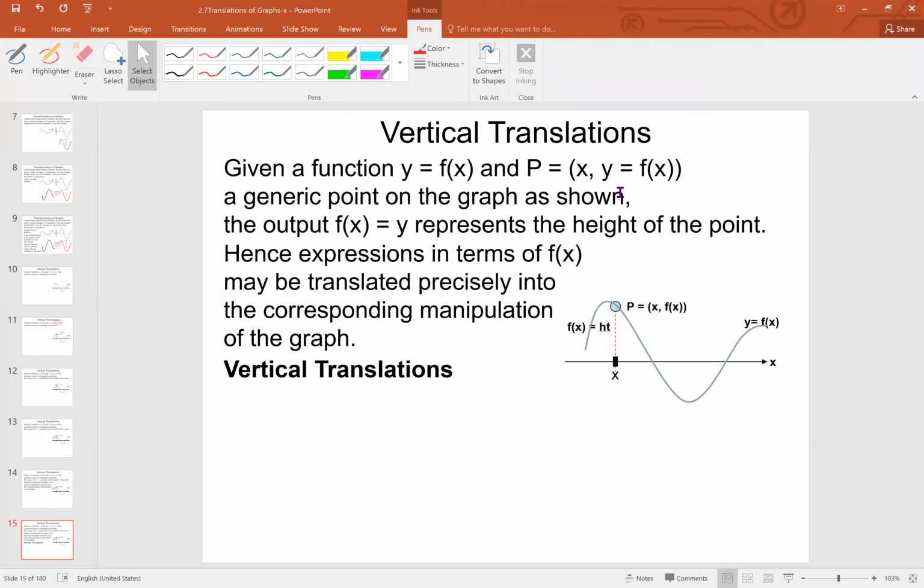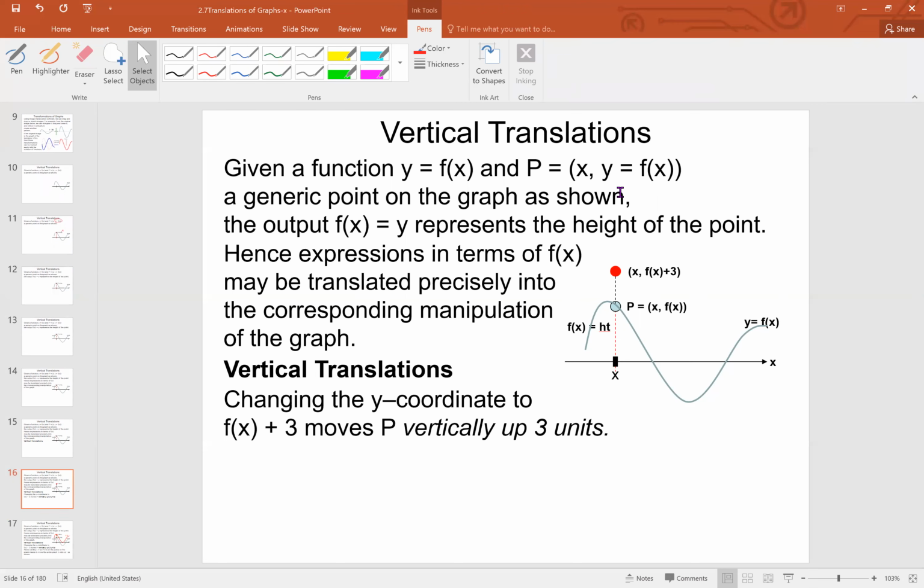Let's now translate various operations for changing this curve into algebra. The first one: vertical translations. Suppose I want to move the point P up 3 units higher. Now it's up here, and all I have to do is add 3 to the y coordinate.